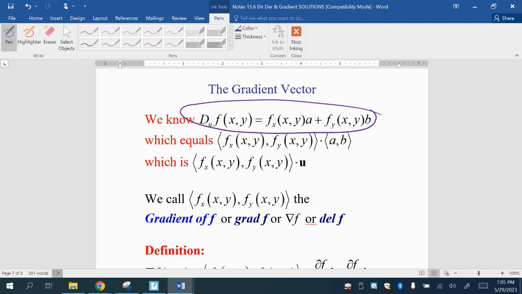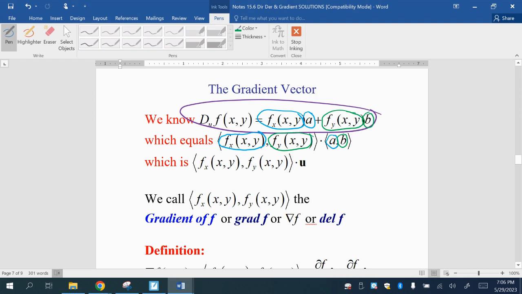We also know from way back that the dot product tells us that if I take two parts, the partial with respect to x and a, I could write that as two vectors, and those are our x coordinates of the vectors, and then our partial with respect to y times b could be written as the y values of our vectors.